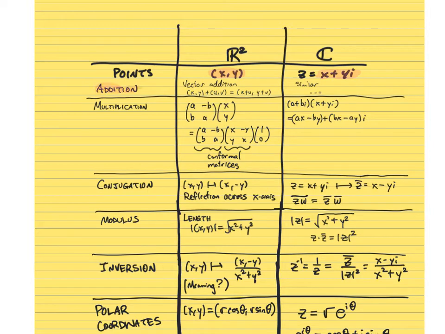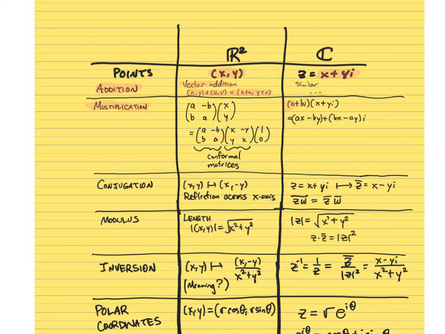Addition, as we already defined it, is just component-wise, and so in R2 you can think of that as vector addition that you learn in calculus, tail-to-tip addition of vectors. So in the complex numbers, you have the same thing going on. The multiplication, obviously, is a little more interesting.